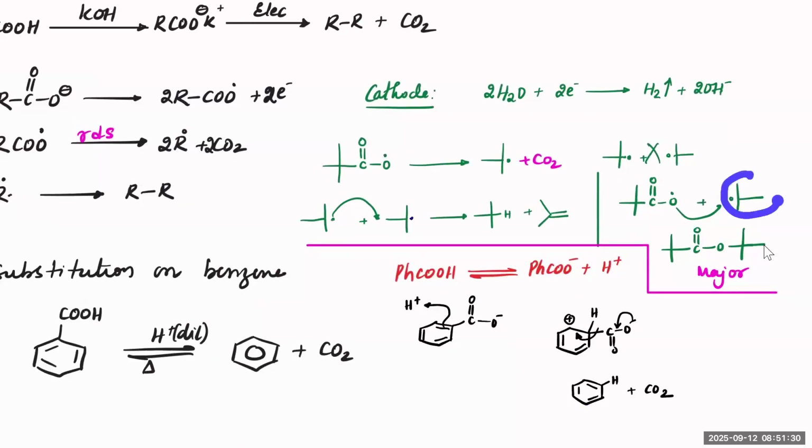Some amount of the 3-degree radical which has been formed will be reconnected with the carboxylate radical, ending up giving esters. And that will become the major product. So remember, if this is the case given, then your major product will be the ester form.